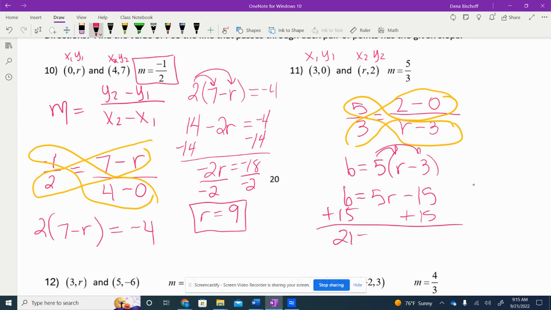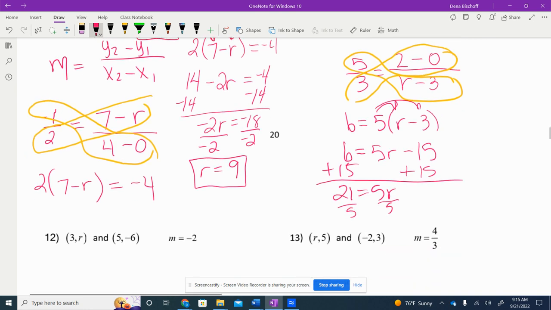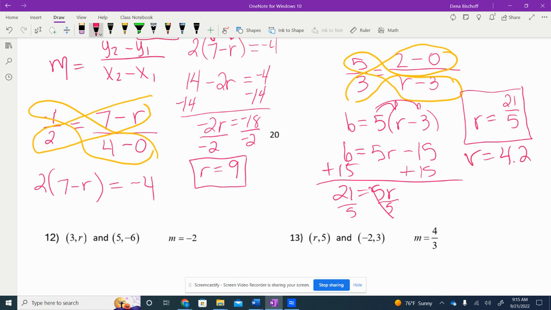So 21 equals 5r. Divide both sides by 5. And what does r equal? R equals 21/5. Or if you turn that into a decimal, r equals 4.2. Okay?